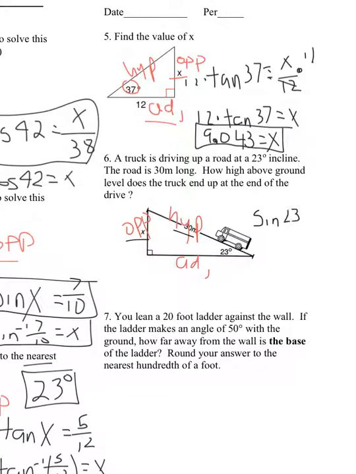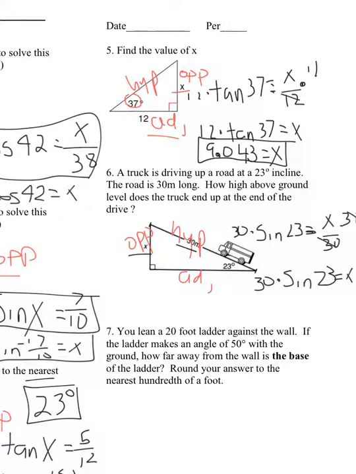Sine of 23 equals the opposite x over the hypotenuse 30. You're going to multiply the 30 to both sides. And that cancels. And 30 times sine of 23 equals 11.722. All right.